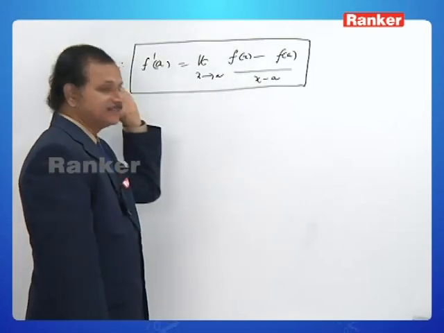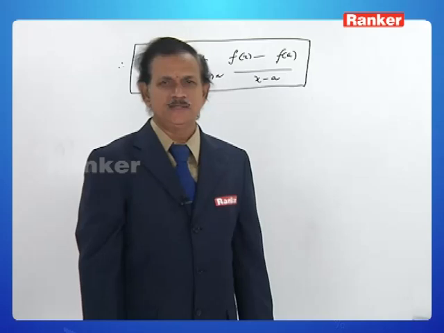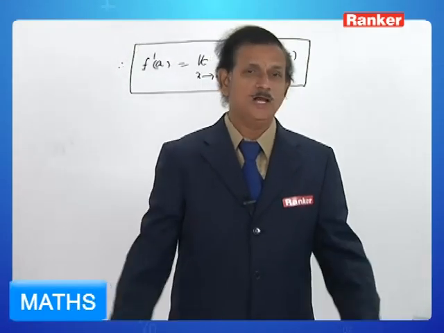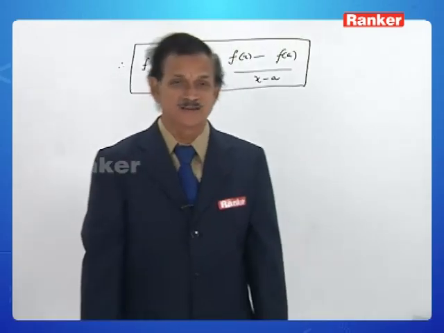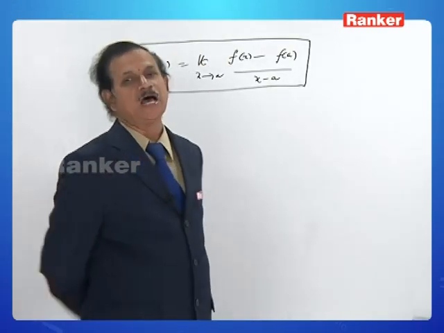If this limit exists, then f is derivable at x equal to A. So likewise continuity, derivability is also a local character. f is continuous at x is equal to A. We generally speak just like that, f is derivable at x is equal to A or not.